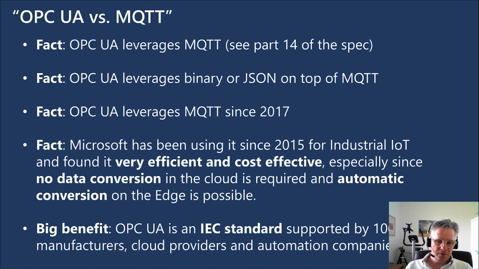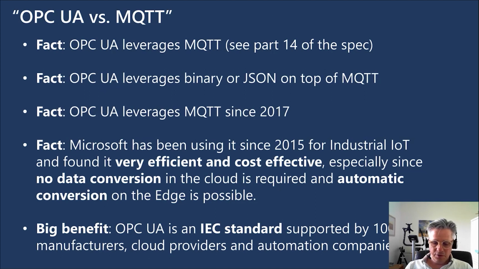That mapping existed for 4 years now. It's part of the IEC standard, OPCUA, and we're going to continue to leverage more features of MQTT as they become available. For example, MQTT v5 has a few extra features regarding routing and so on, and of course OPCUA is eventually going to make use of that.